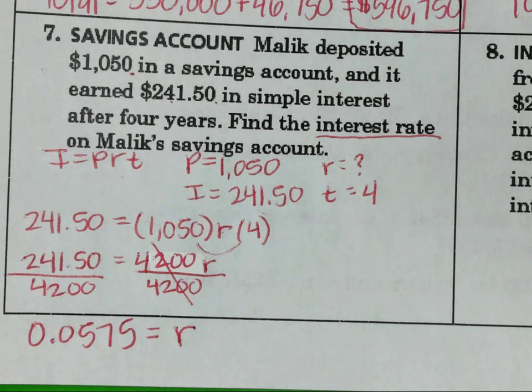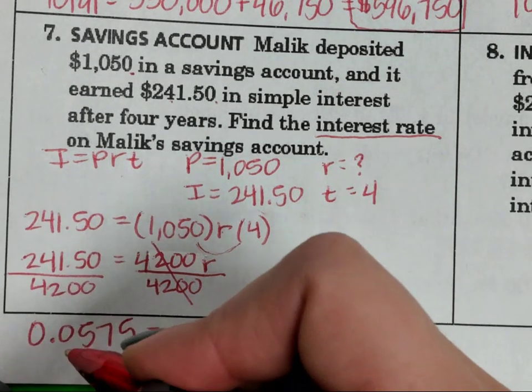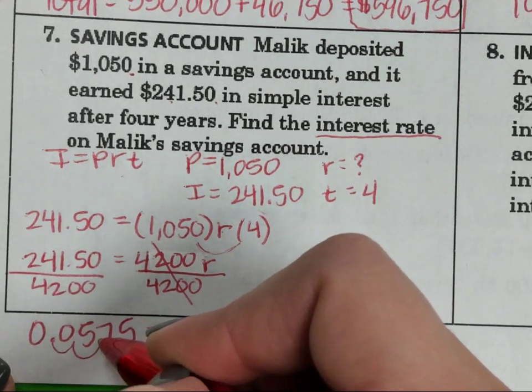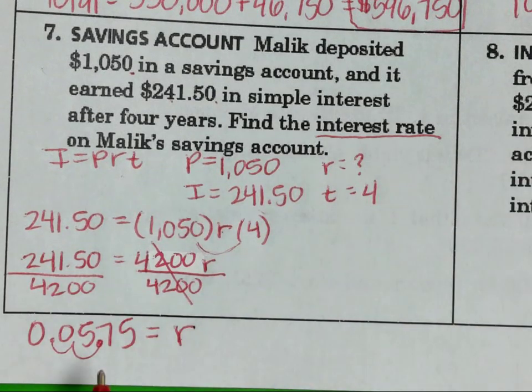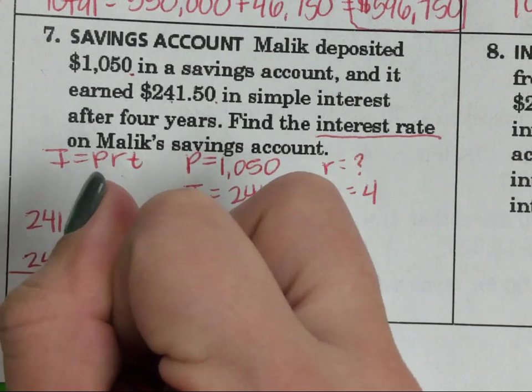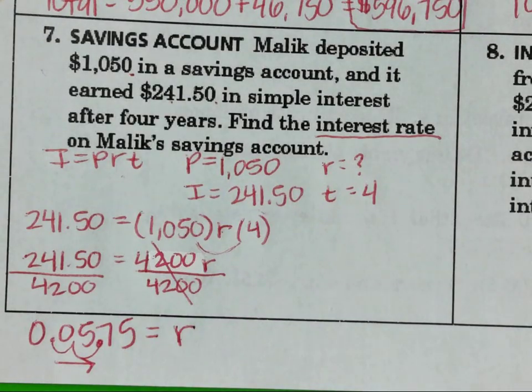So how do I change this into a percent? I move my decimal place 2 times to the right. So normally I'm moving my decimal place to the left because I'm going from percent to decimal. In this case, I'm going from decimal to percent, so I'm moving that to the right.